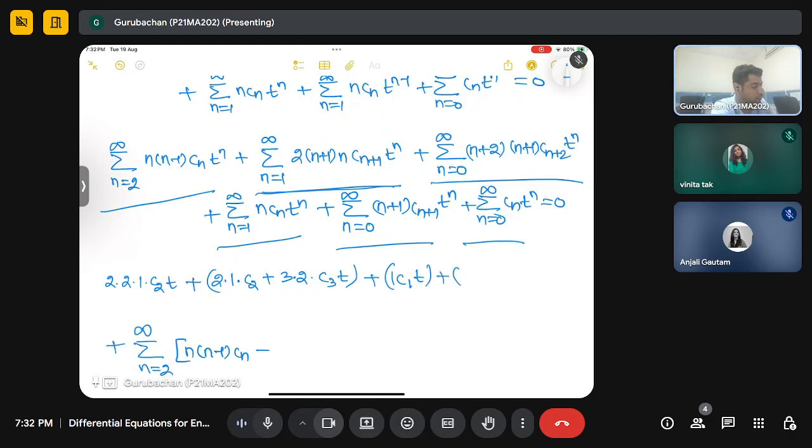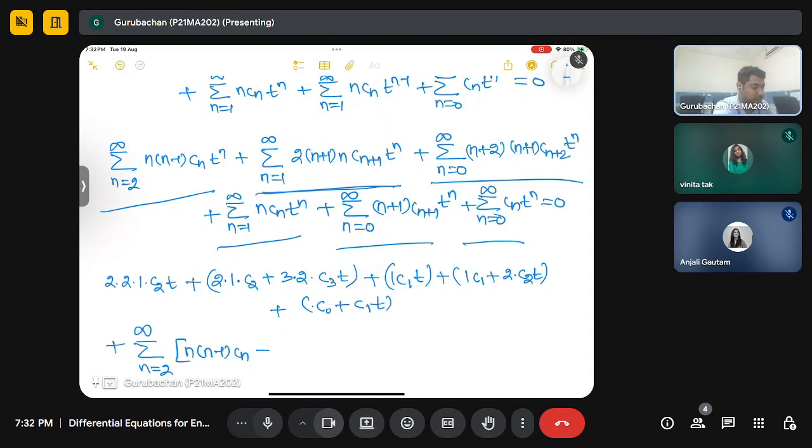So this will give you, for n equal to 0, 1 times C1, plus when you put n equal to 1, 2 times C2 t. And this expression will give you 2 more terms, C0 plus C1 t.